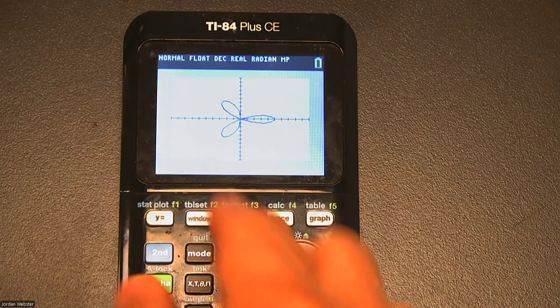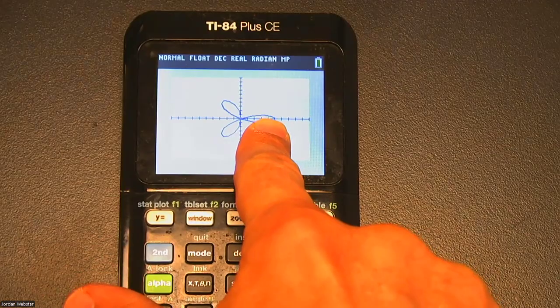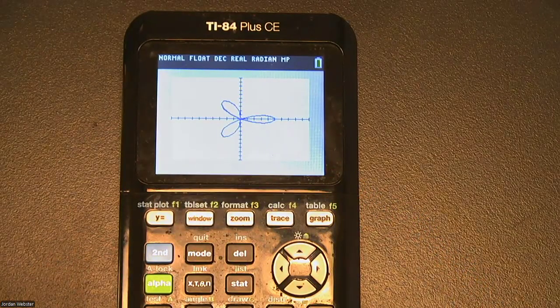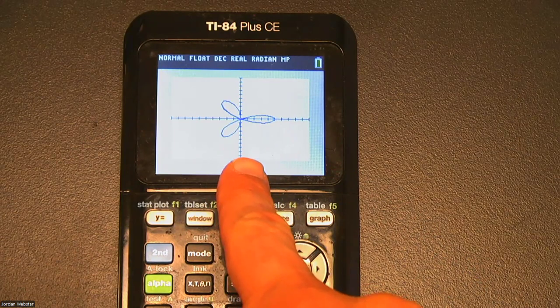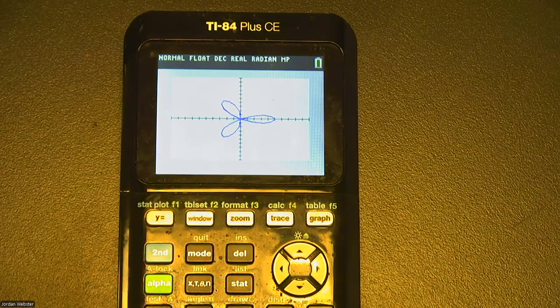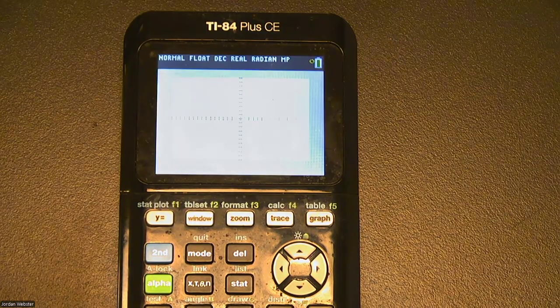Again, this is on our standard zoom, so this is stretched out a little bit more in the x direction than it is in the y direction. That would be inside of this perfect circle if we graphed it using the square feature.